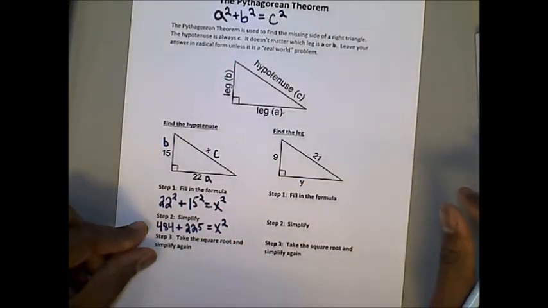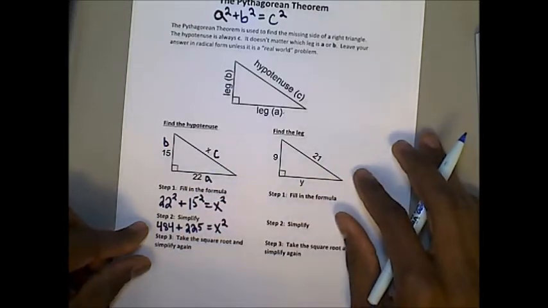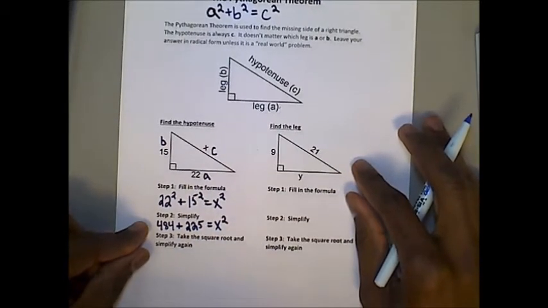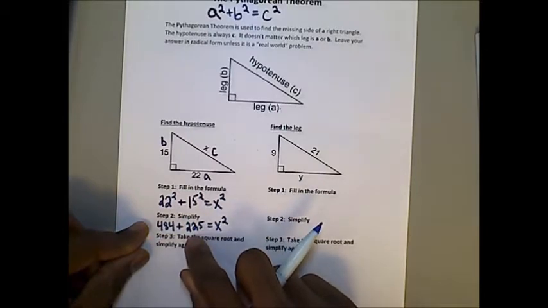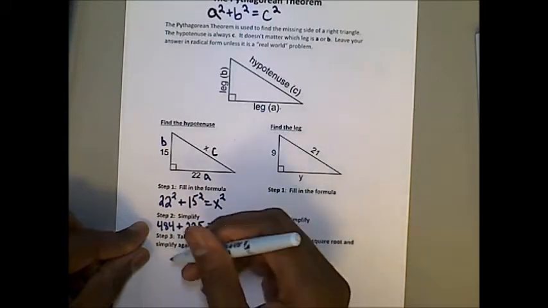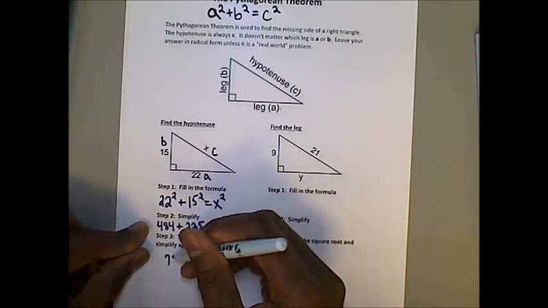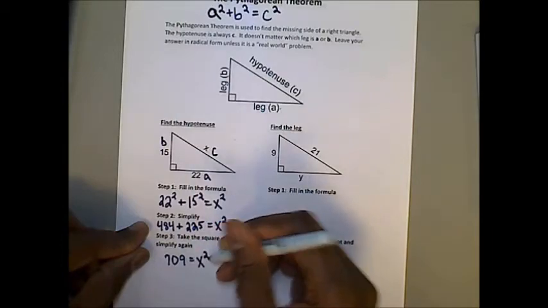Okay? So then I'm going to move the rest of step number 2 down to this third box because I'm a little tight on space. But then I'm going to add 484 and 225. And when I add 484 and 225, that gives me a total of 709 is equal to x squared.